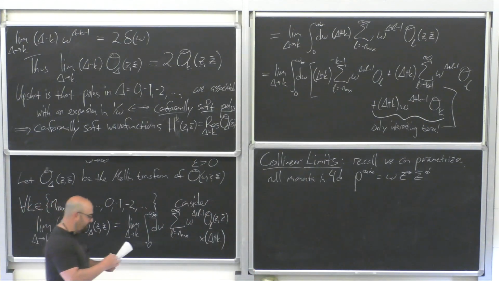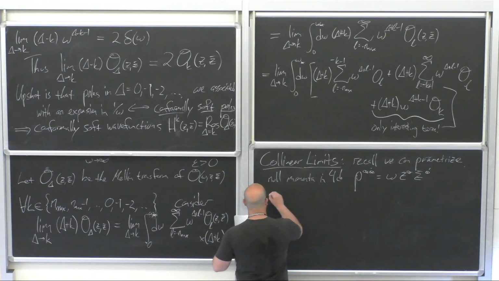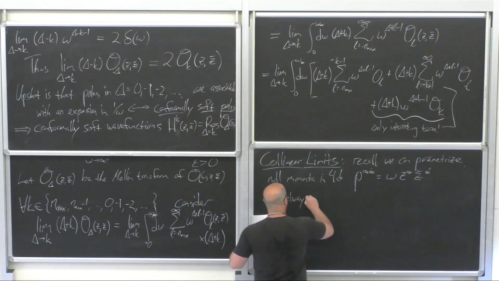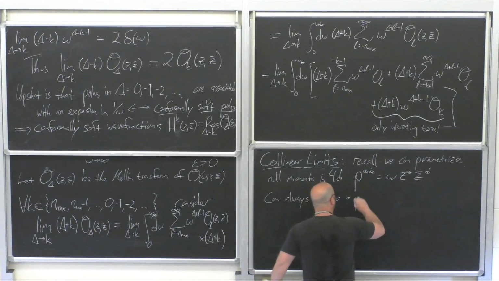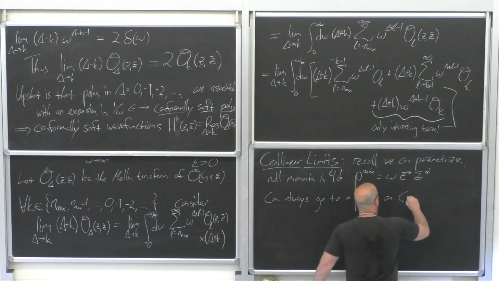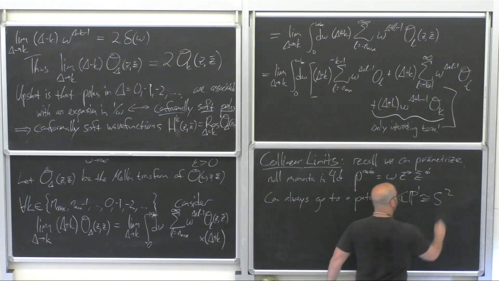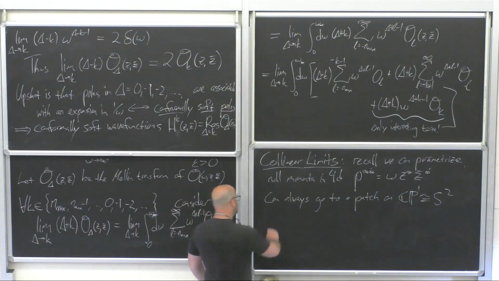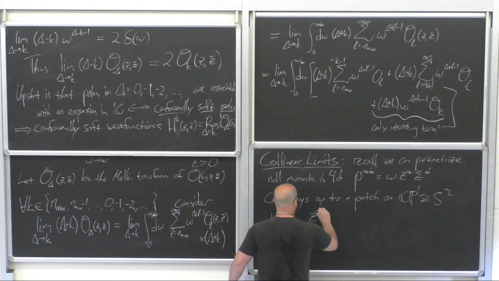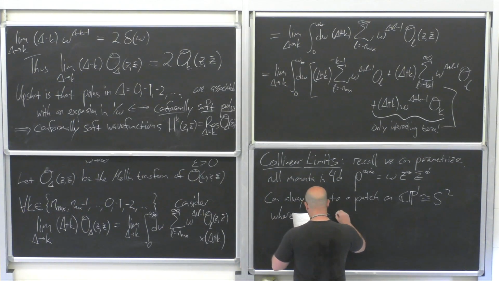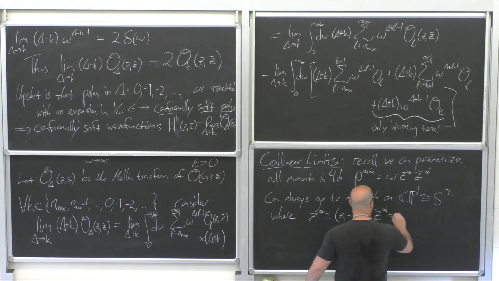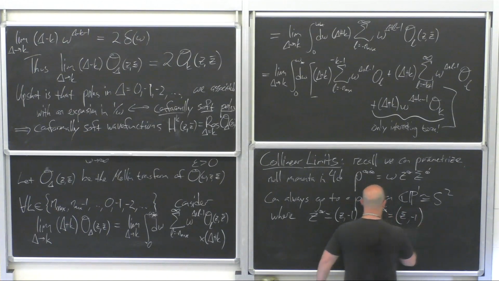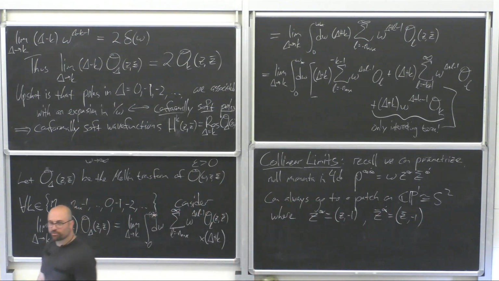Okay. So we can always go to some patch on the Riemann sphere that looks like C, some affine patch, where, say, Z alpha is equal to some complex number little z, and Z bar alpha dot is equal to the conjugate. The minus ones here are a convention that's going to make our life easier later on. It could be 1, it doesn't matter.